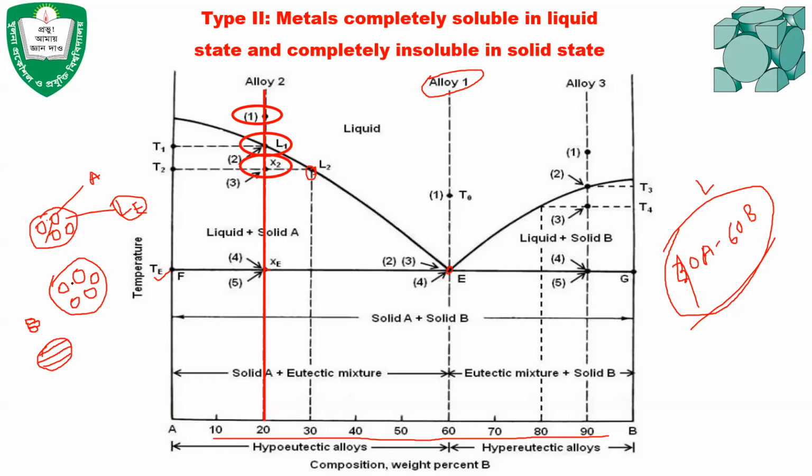But the rest of the liquid, once solidified, will solidify as eutectic mixture. That means the rest of the grains will be the mixture of solid A and solid B. Okay.